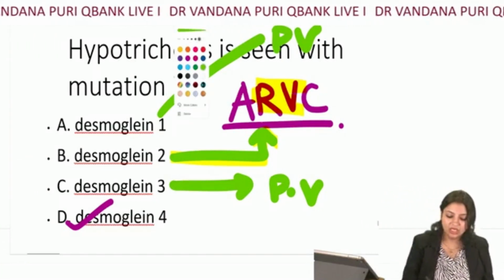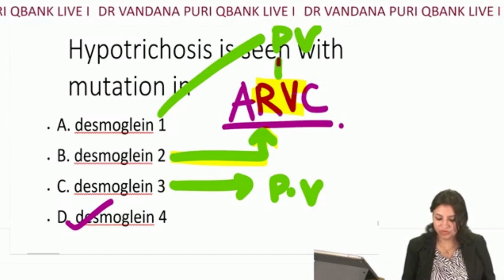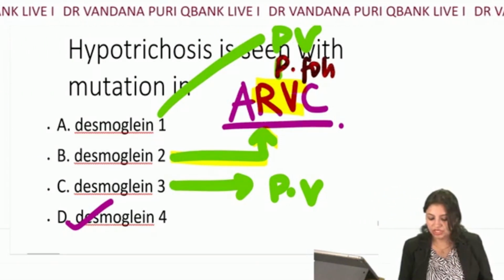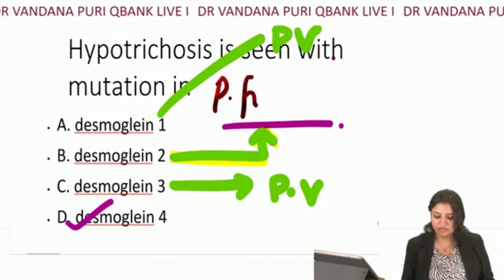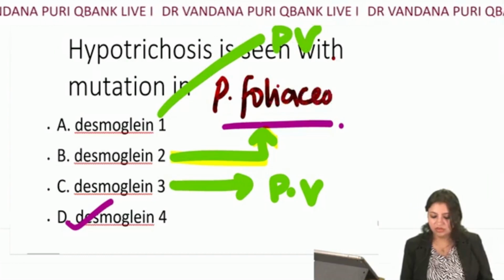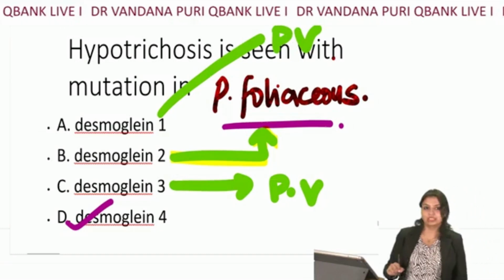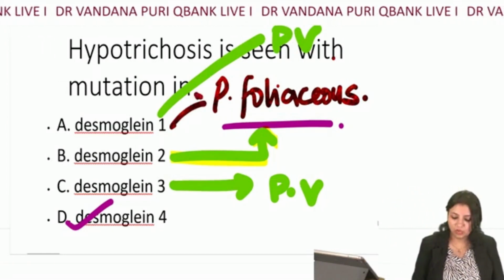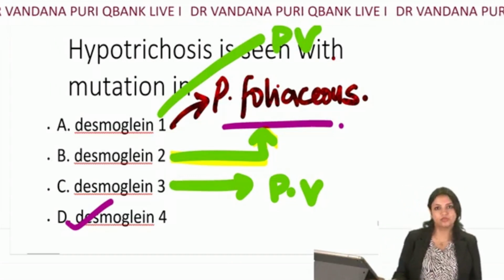In desmoglein 1, pemphigus foliaceus is more common. Pemphigus foliaceus is a bullous lesion which is more common with desmoglein 1 mutation. So that is what you should know.